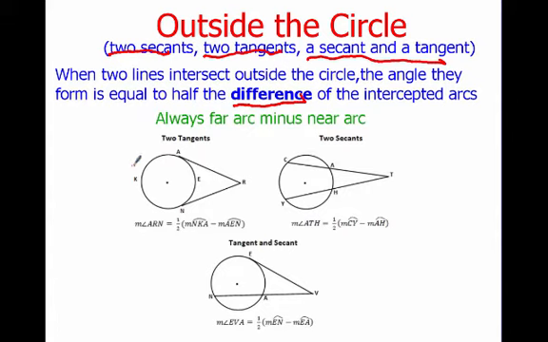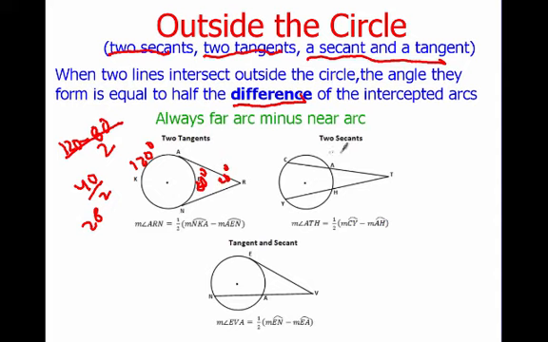Let's say that this is 120 degrees, and we'll call this one 80 degrees. Then to figure out what our angle is here, we say, okay, 120 minus 80. It's always our far arc minus our near arc, divided by 2. 120 minus 80 is 40. 40 divided by 2 is 20 degrees. So this right here is 20 degrees.